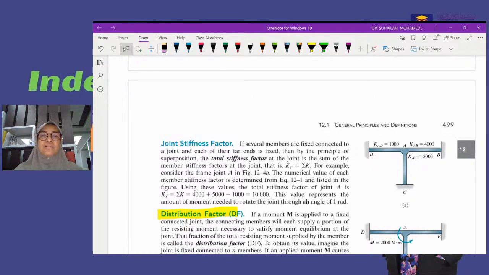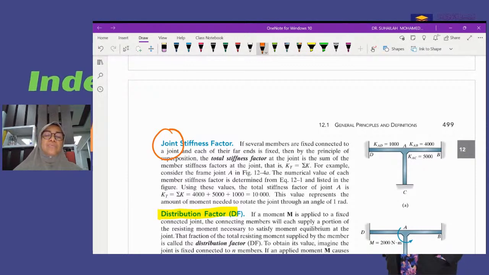Joint stiffness means, for joint A, based on this one, the joint stiffness is 1,000 plus 4,000 plus 5,000.